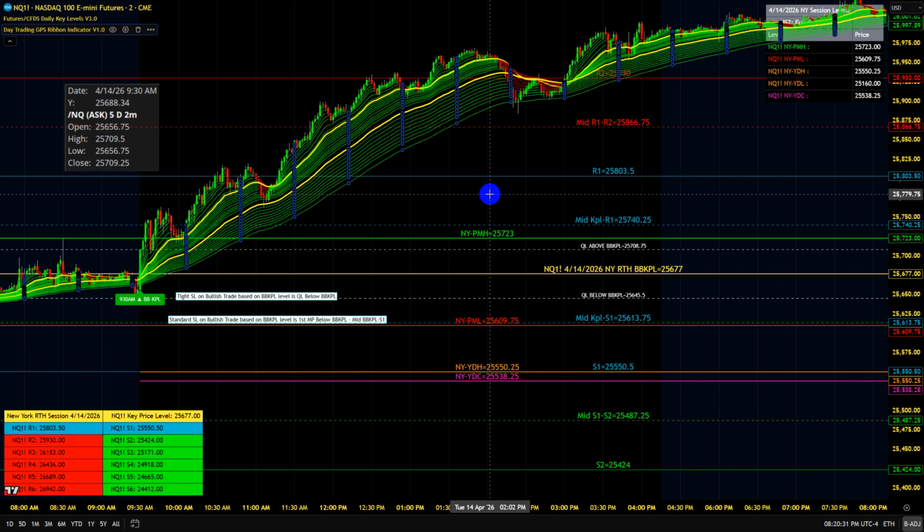The key level suite is this indicator, the futures CFDs daily key levels V3.0. It's also the stocks ETFs daily key levels V3.0. So if you like to trade SPY, QQQ, IWM, Tesla, NVIDIA, major stocks on U.S. exchanges and also ETFs, that would be the indicator for that. It works exactly the same as this indicator. It does have a couple of additional features specific to stocks because you can also use it on lower priced stocks. So if you're the kind of trader that likes to trade what we call bottle rocket stocks, the stocks that are in the news that are from $1 to $10, that have a chance to go parabolic on any given day.